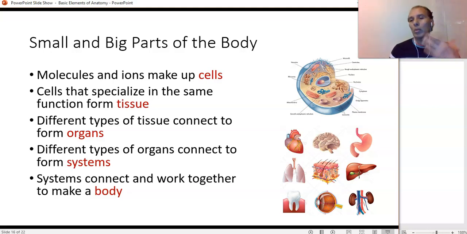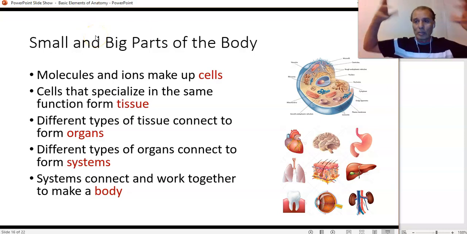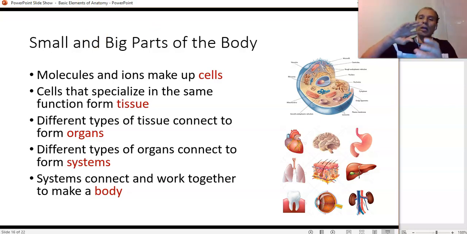These are all organs, and they combine together to form the articulatory system. And then multiple systems connect together and are interconnected and communicate together, and they form a whole body.